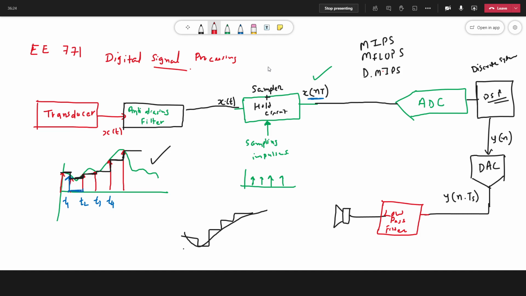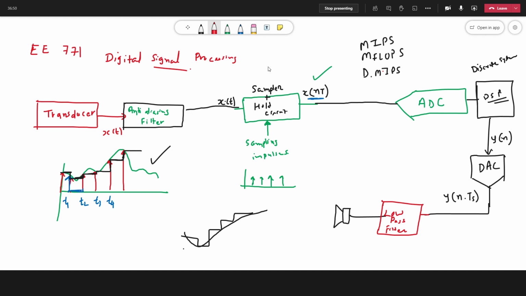So the figure you can see here covers several blocks that you can find out in any digital signal processing system. But please remember that not all the systems will have all the blocks.